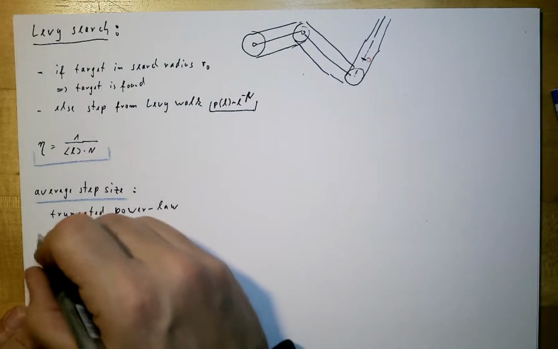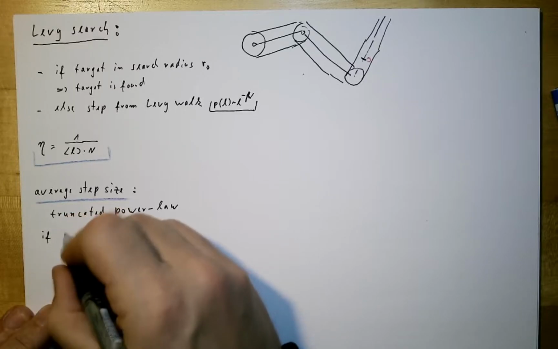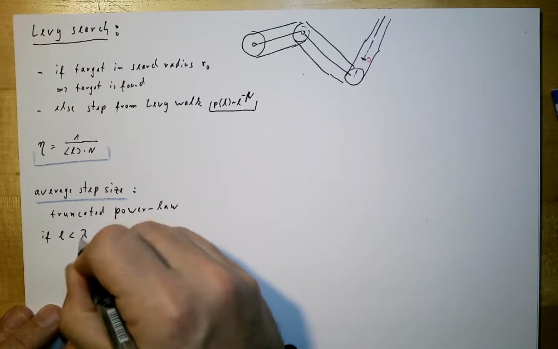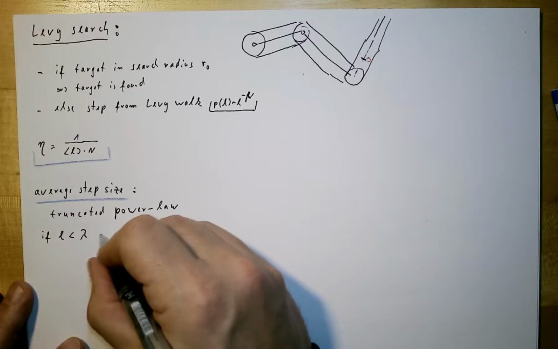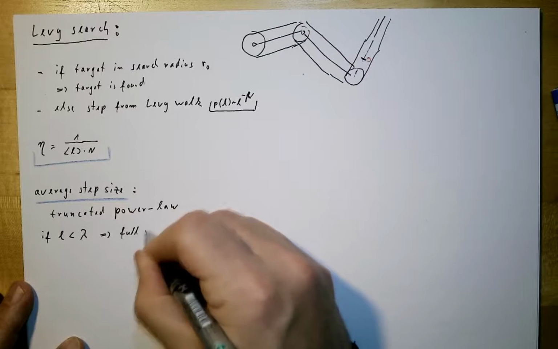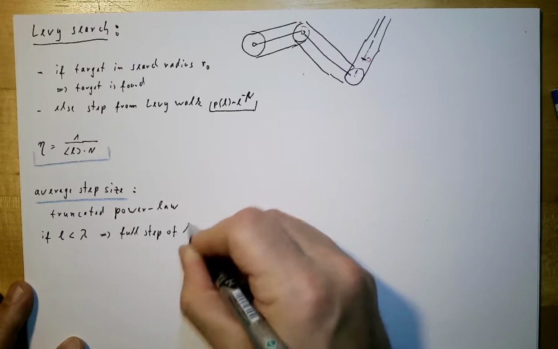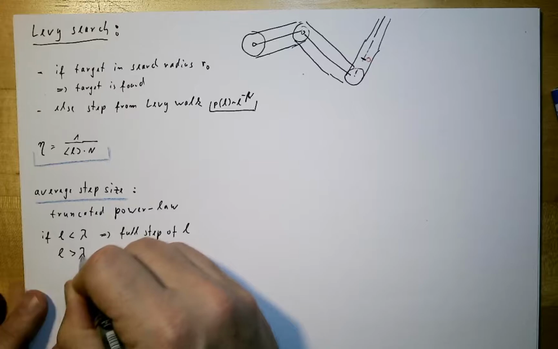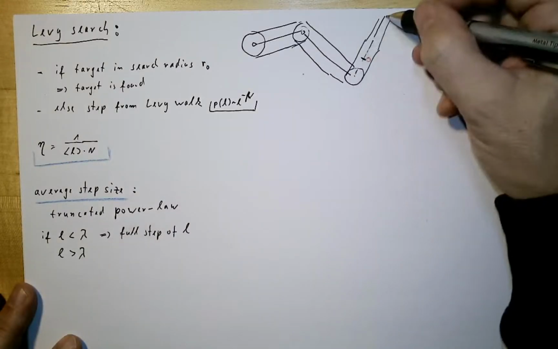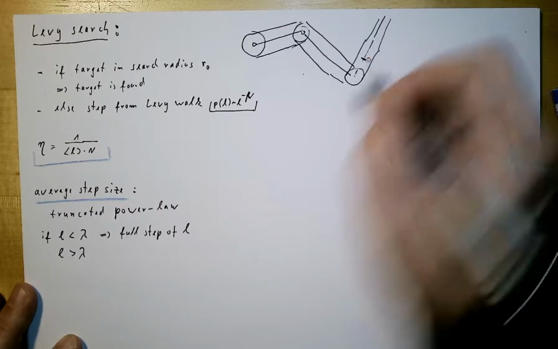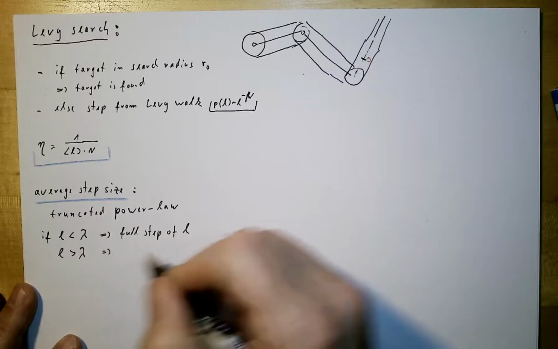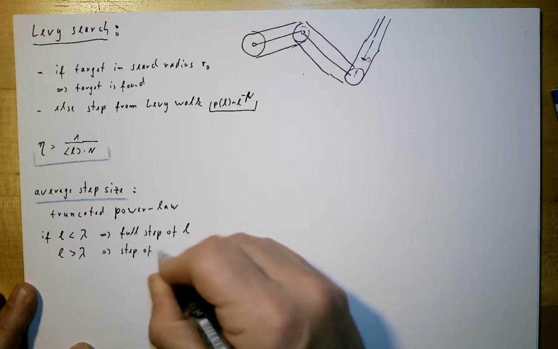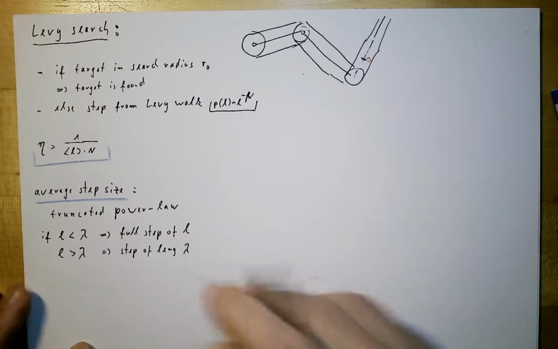So in other words, if our random number, our step length, is smaller than the typical free flight distance, then we do a full step of length L. But if this L is larger than the average free flight distance, so we want to make a longer step, we do only a step until the next target, and that's typically of the order of the mean step length, a step of length lambda.